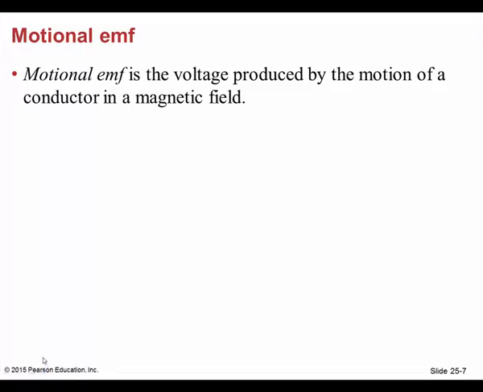Now, that's it in a nutshell. So you take a magnet, you pass it through a coil of wire like a solenoid, you will induce a current in the wire.